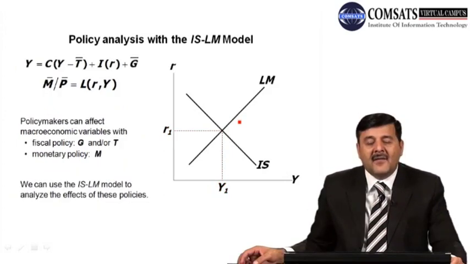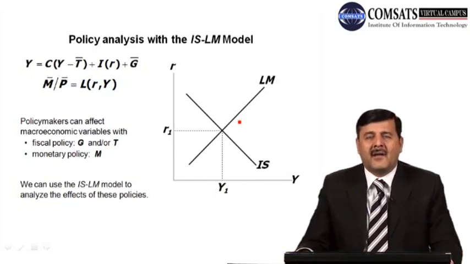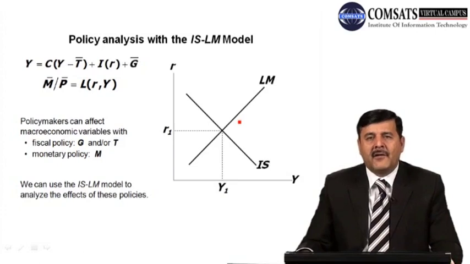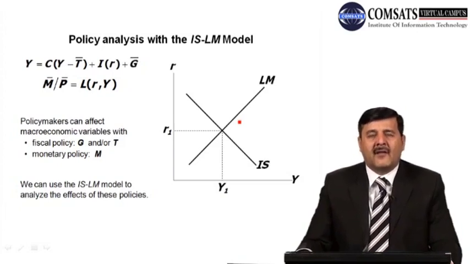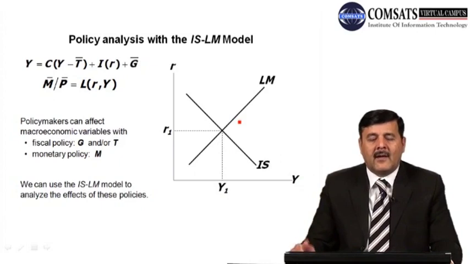Now, how can the policymaker use this IS-LM model to analyze policies? We have two equations. One is the equilibrium of the goods market, Y = E, where E is the planned expenditure. Then we have the money market equation, where the supply of real money balances equals the demand for real money.